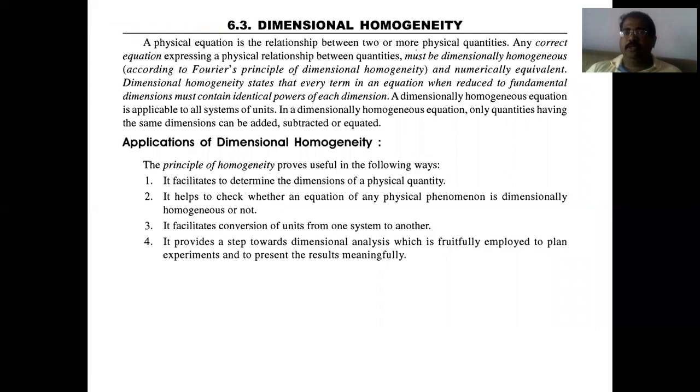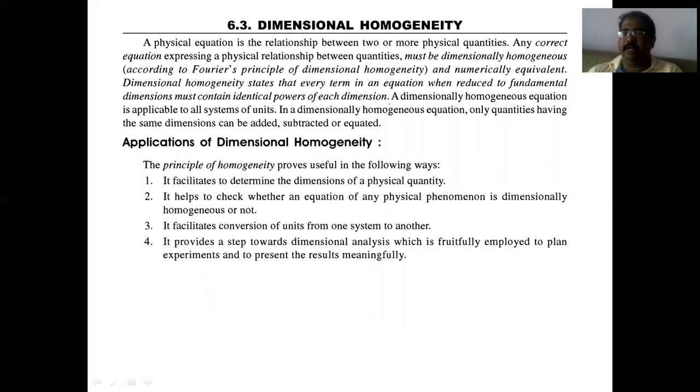Then after, dimensional homogeneity. Homogeneity is a way of relating two different quantities in a simpler way. Okay, and this will also correct your equation and formula.